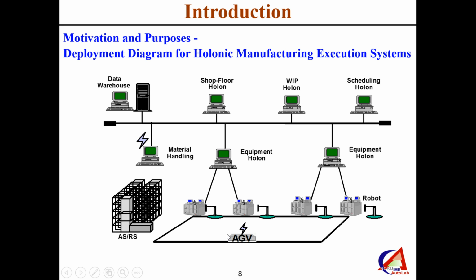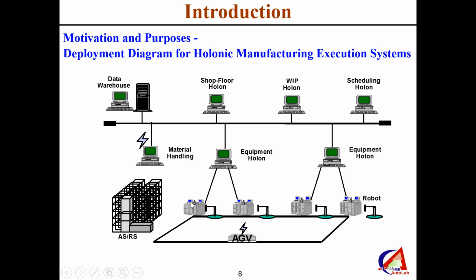So you see, this AGV holon will go to ASIS and load the cassette and then bring it beside the equipment. Then the robot holon will grasp the cassette into the equipment.